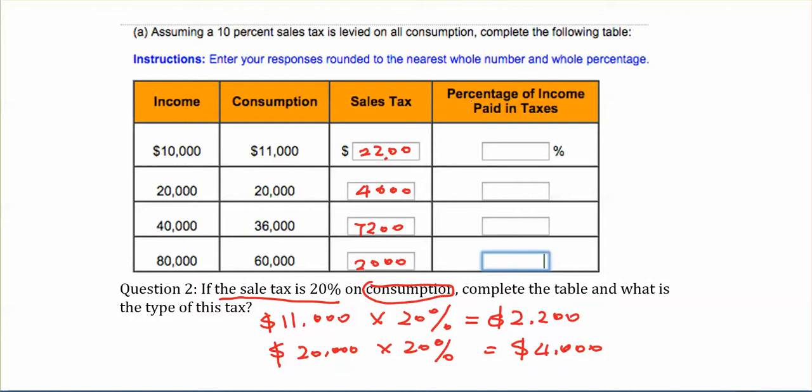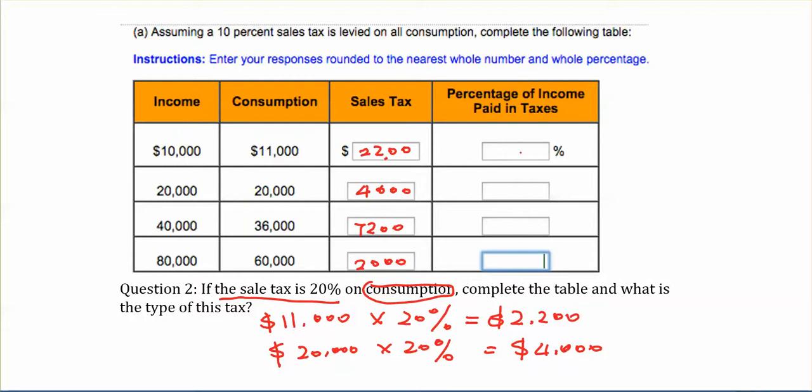And the last column is about the percentage of income paid in taxes. That means how much of the money in your income is used to pay the tax. So what you need to do is use the sales tax divided by income times 100%, and you will get this percentage.